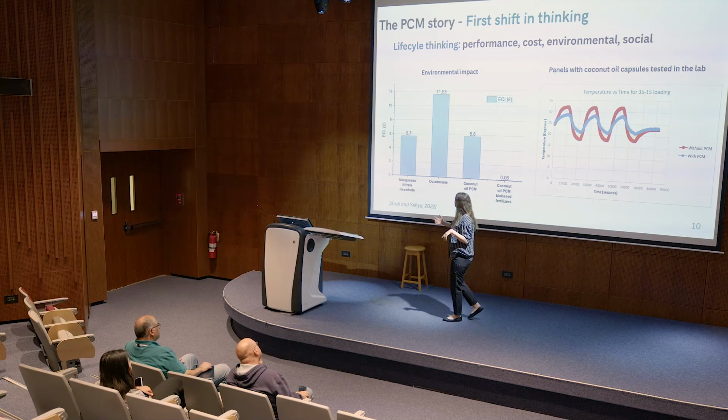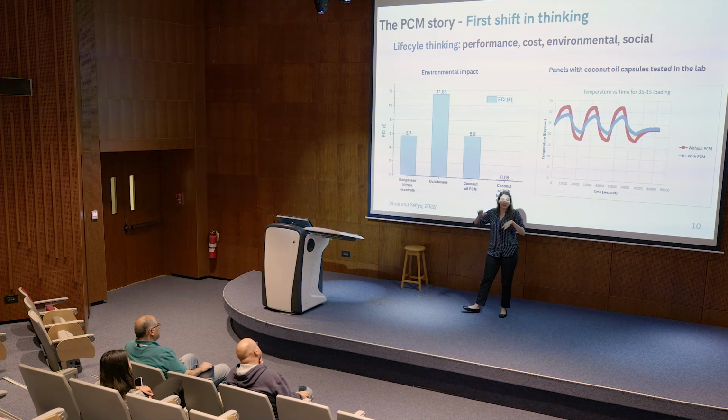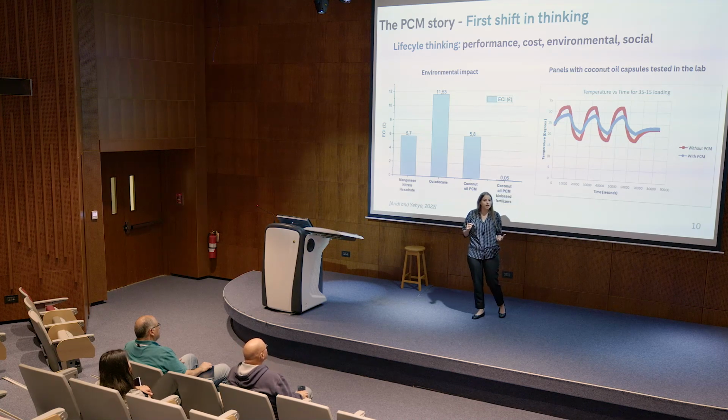And surprisingly, when we studied the life cycle, and this is where life cycle thinking is very important, when we studied the life cycle of coconut oil, it turned out to be comparable or relatively a little bit higher than salt hydrates because of the agricultural practices associated with it.